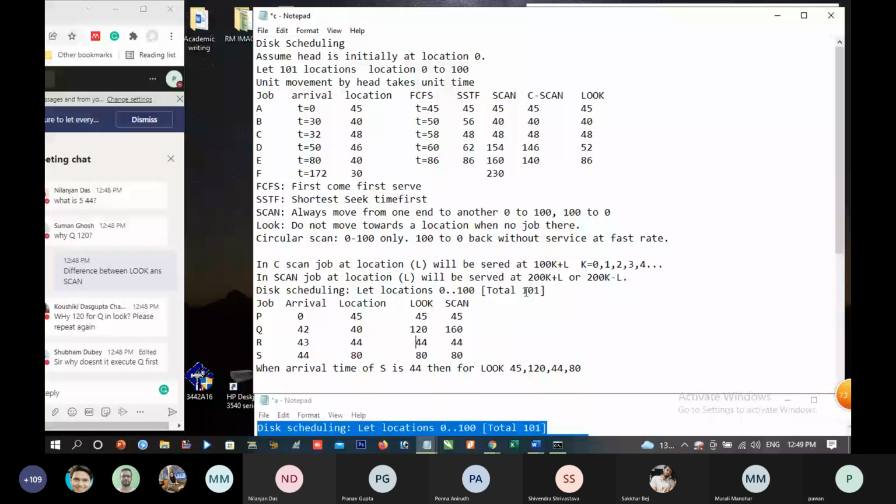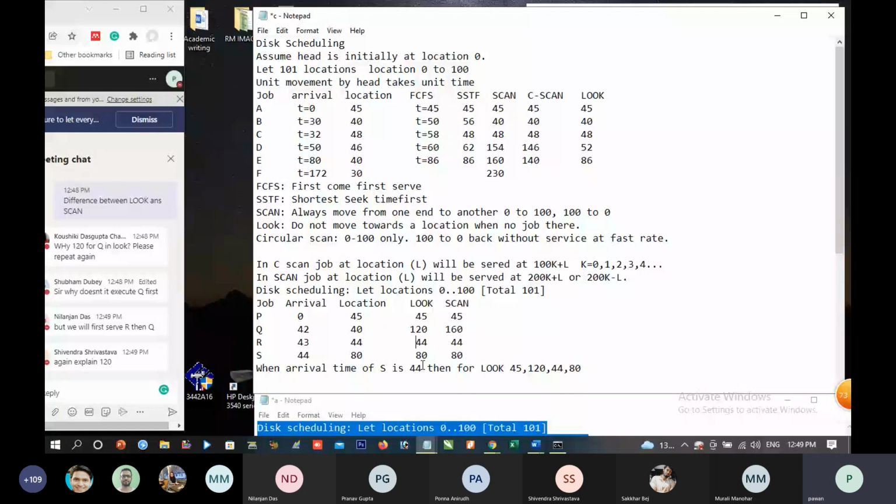Any doubt? Yes, we shall first of all serve R then Q. Because Q could be served at time t equal to 40, but it was not available. Then we shall be going up to 80. From 80, we shall not be going from 80 to 100, and 100 to 80 time has been saved.